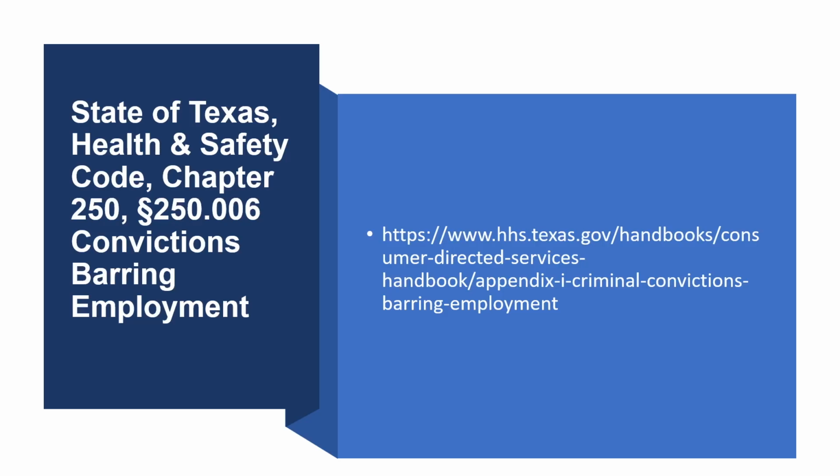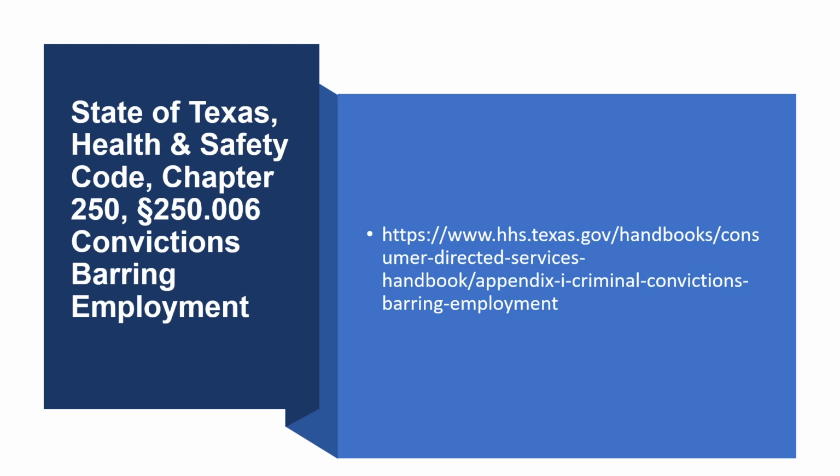As I stated before, Health and Human Services has its list of bars to employment, and it's called the State of Texas Health and Safety Code, Chapter 250.006, Convictions Barring Employment, and this is the website.